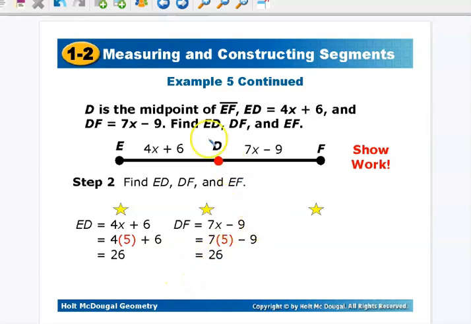When I start to know my geometry much better, I'll really only need to find one segment if I have a midpoint, because I'll know the other segment is the same. If I add them together to get the full length, we have a length from E to F, which is 52.